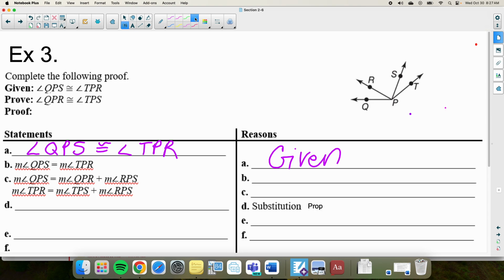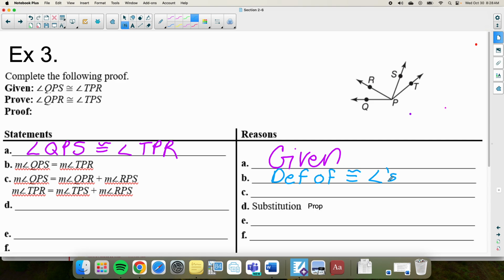Very good. They took the squiggly off and added the M's. So that is definition of congruent angles. And you can always make an angle with an apostrophe S to represent angles if you want to.